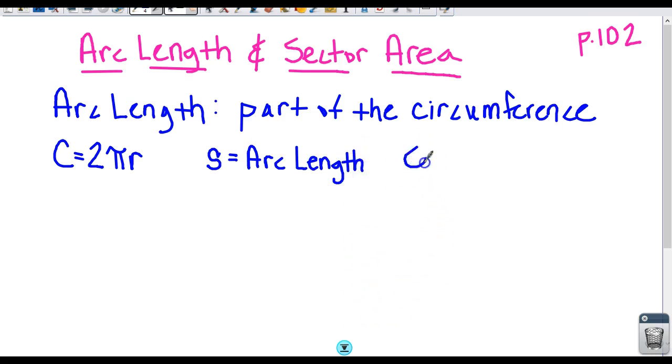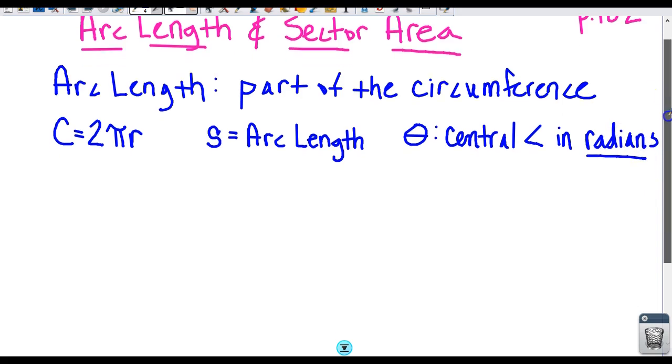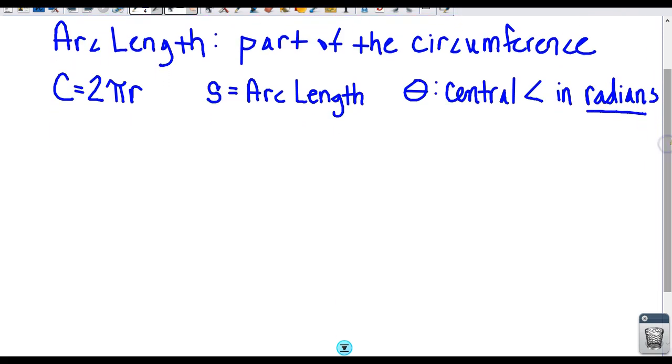And then theta that we're going to use is the central angle. So that's just angle, so I don't have to write the word. Writing is difficult. In radians. Okay, central angle in radians. Everybody with me?